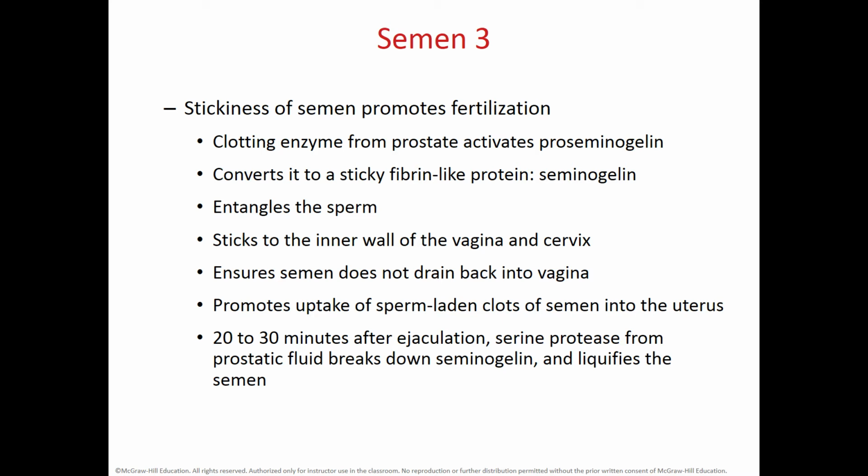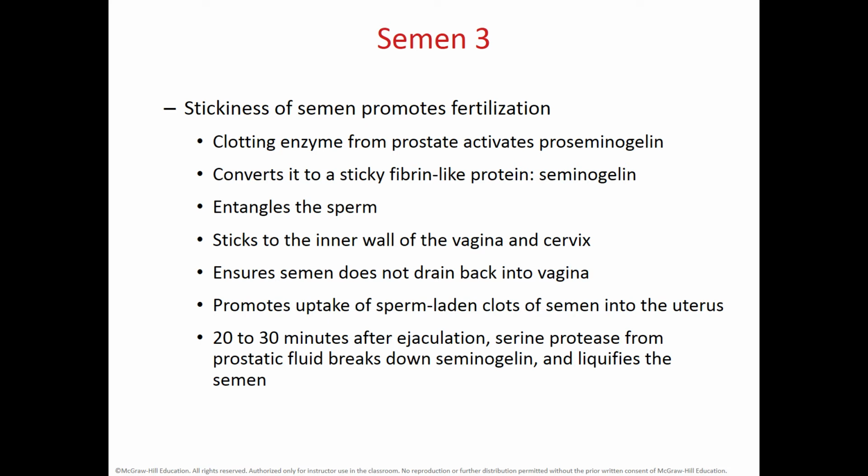The clotting enzyme from the prostate gland activates the protein from the seminal vesicles called proseminogelin, which converts into a fibrin-like protein called seminogelin that helps to entangle the sperm, and this helps to stick the sperm to the inner wall of the vagina and the cervix. This will ensure that the semen does not drain back out of the vagina, and it will promote the sperm to reach the uterus.